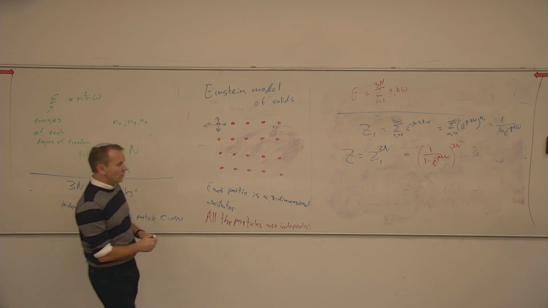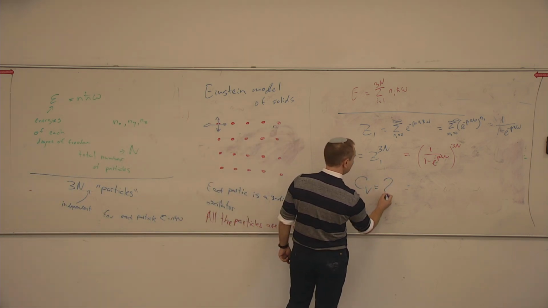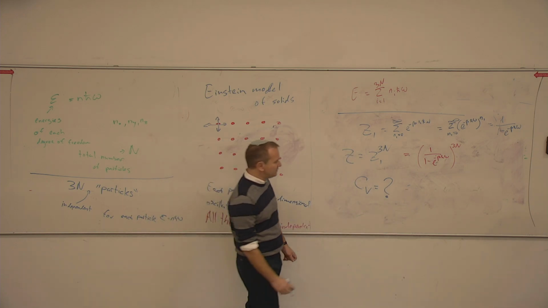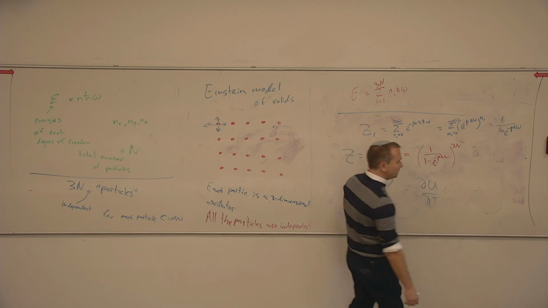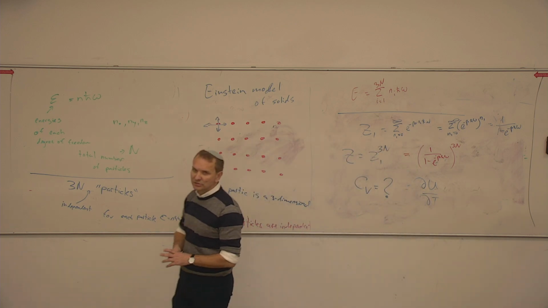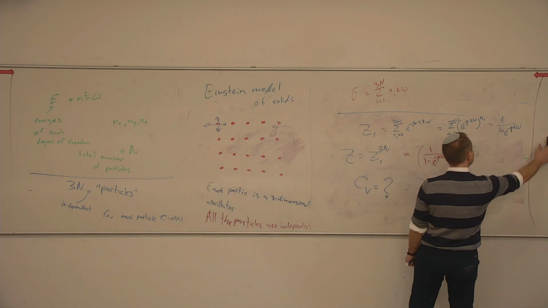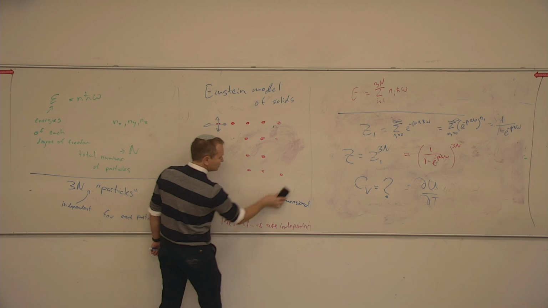So the quantity that we want to explore is C_V. Now C_V is dU/dT. U is the average energy. So we have two ways of doing this. Either we remember all the formulas from our formula sheet.